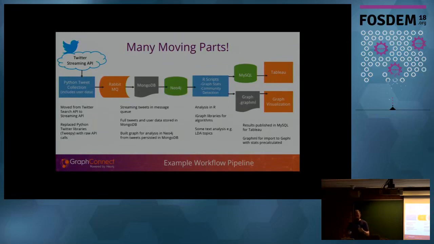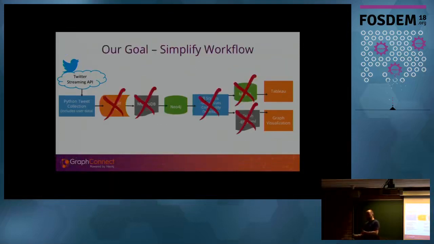We were talking with them, and they said they really would like to simplify this pipeline and remove lots of these additional parts that they don't really need. They just needed them because the capabilities were not there. So we looked at it and said, if you talk to us anyway, we can remove these things. You can access the Twitter streaming API directly from Neo4j and put the tweets directly into the graph. With the new graph algorithms, we don't need the iGraph stuff in R anymore.